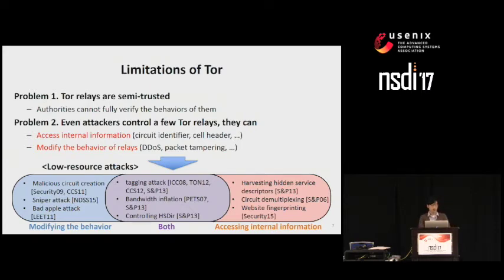Additionally, an attacker can gain advantage by simply running a relay. For example, he can get sensitive information such as the circuit identifier, and he can even modify the behavior of relays. In other words, having a few Tor relays is enough to break the anonymity of the Tor network in some cases. We call attacks assuming such a condition low-resource attacks.